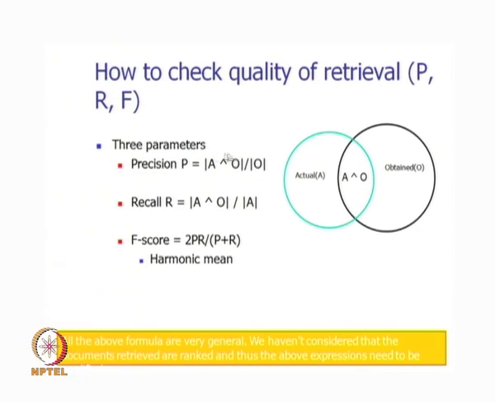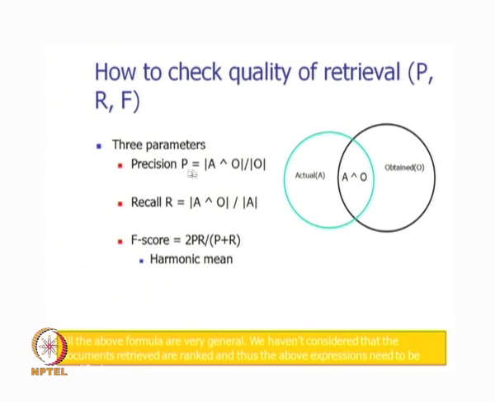So, A intersection O is the documents which are retrieved from the actual set. There is this agreement area A intersection O, where actual documents and obtained documents agree.